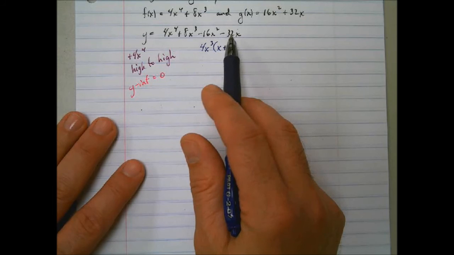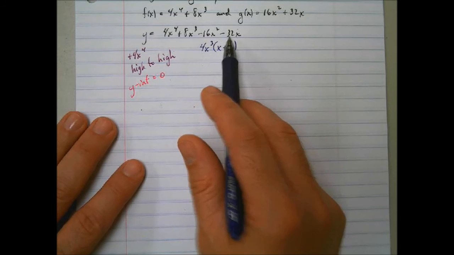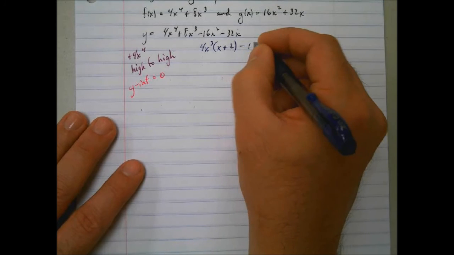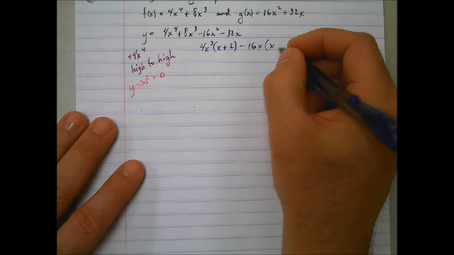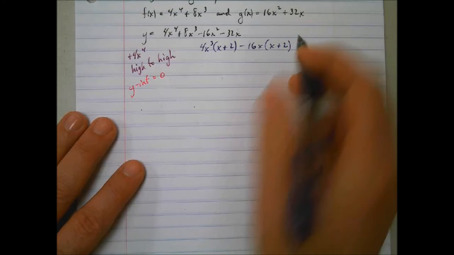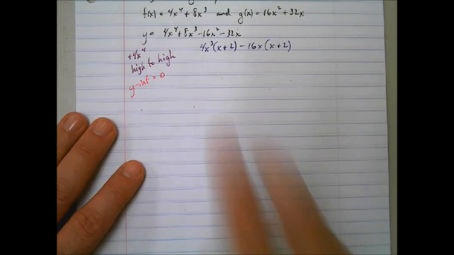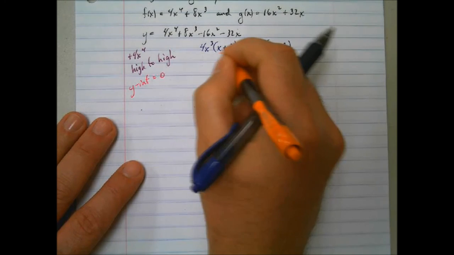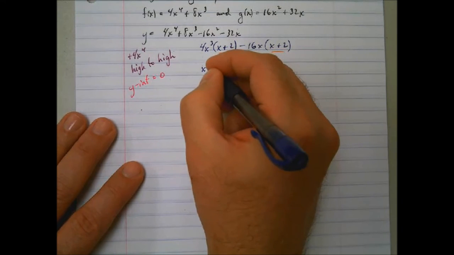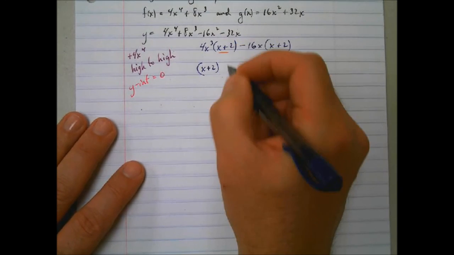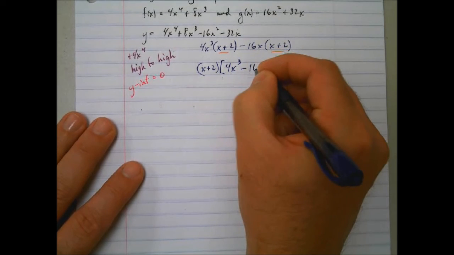So I think I'm going to pull out a GCF of negative 16x. And that would leave me with x plus 2. And so that's good news because we have x plus 2 as a GCF now. So x plus 2 times what's left behind, 4x cubed minus 16x.